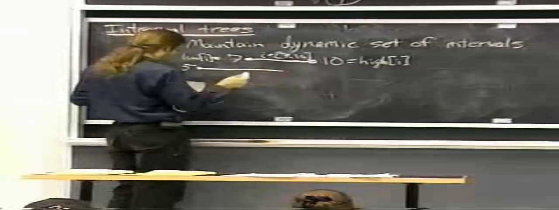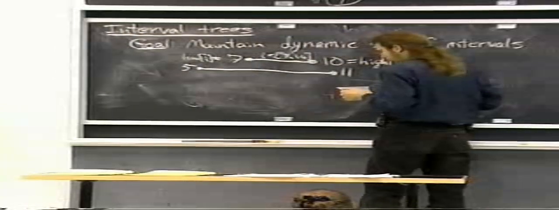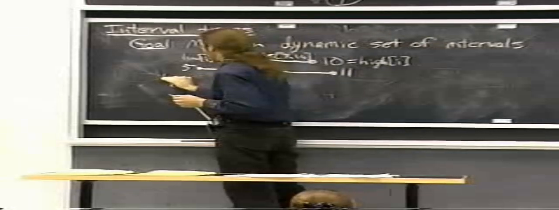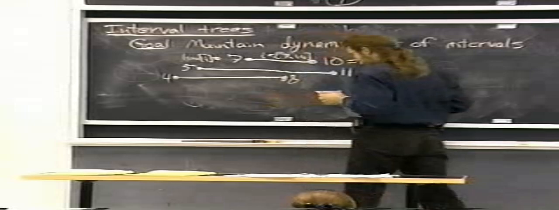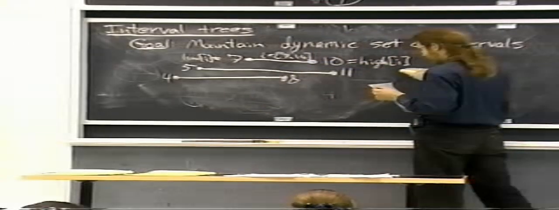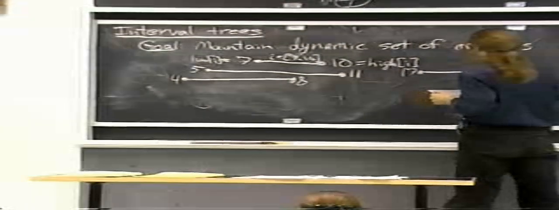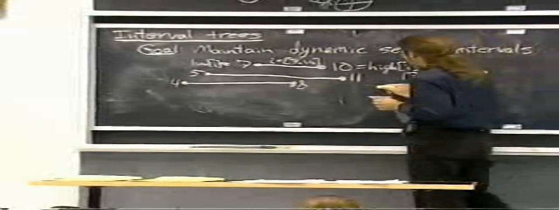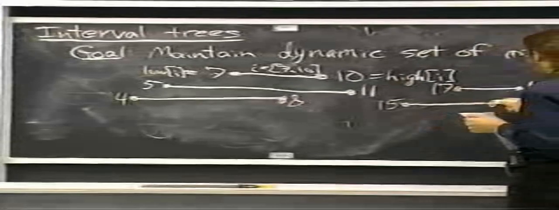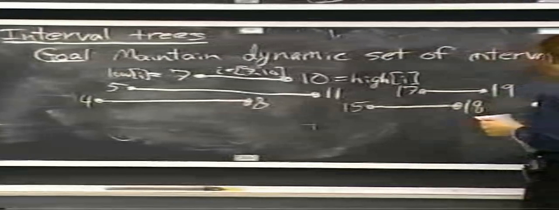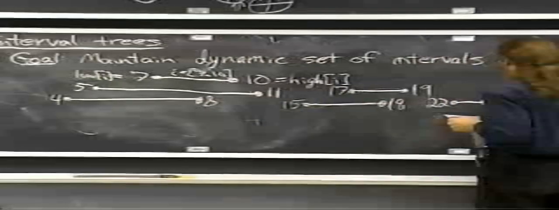Easy enough. So let me draw a picture here. I want a running example of a set of intervals. So this is 5, 11, 4, 8. 8 will end somewhere here. 17, 19, 15, 18, and then 22, 23.